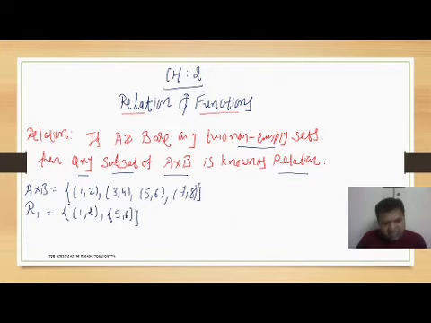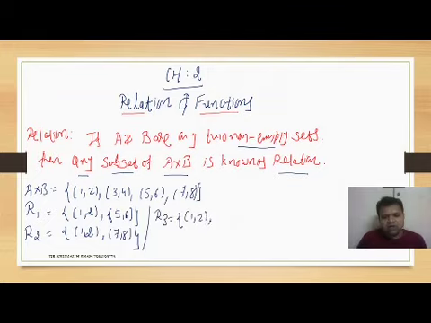That is a subset of A cross B, so it is going to be a relation. Next, suppose R2 equals (1, 2), (7, 8), then it is once again a relation. The next, suppose R3 equals (1, 2), (3, 4), (7, 8). Once again, that is a subset of A cross B, so this is also going to be a relation.